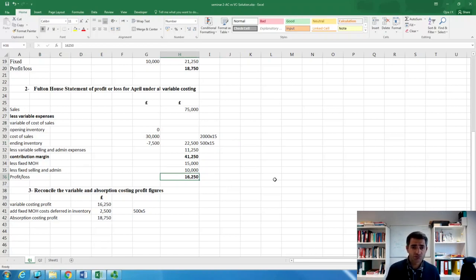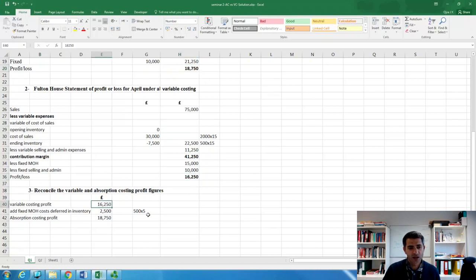So as you see, there is a closing inventory. In this case, if there is a closing inventory, you would expect a difference in profit. And in this case, what you need to do, guys, you just need to do the reconciliation. How to do reconciliation? You take the difference between the operating profit under absorption and the operating profit under variable.